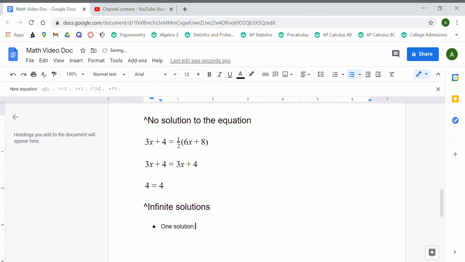So if you have an equation with variables on both sides, you will know that you have one solution if the coefficients are different.